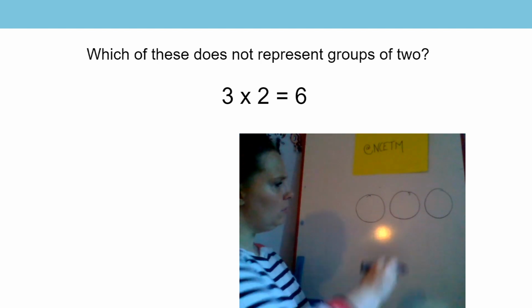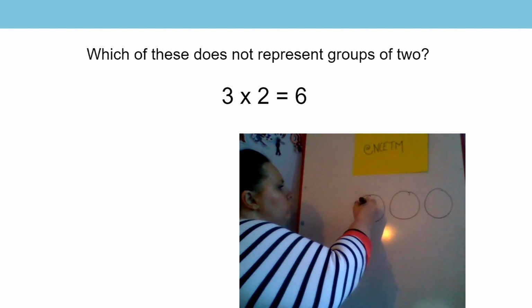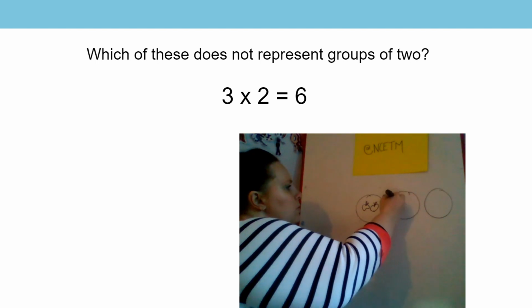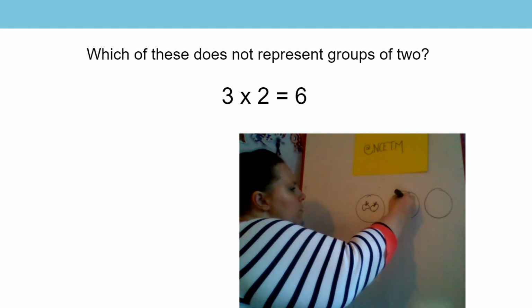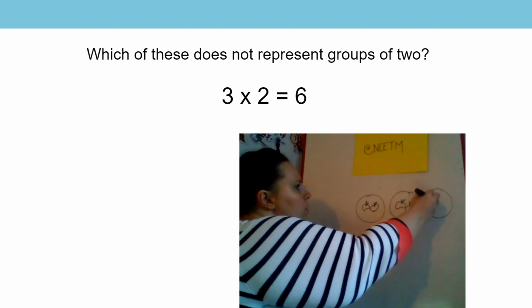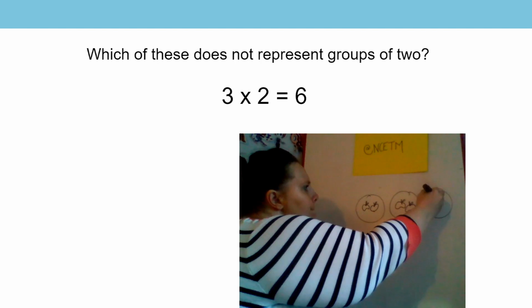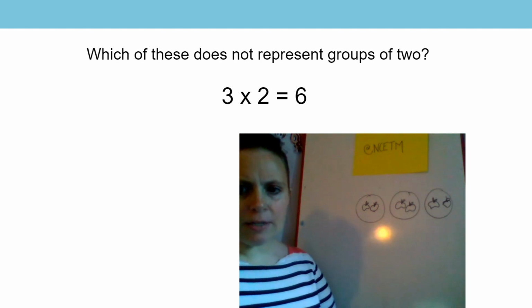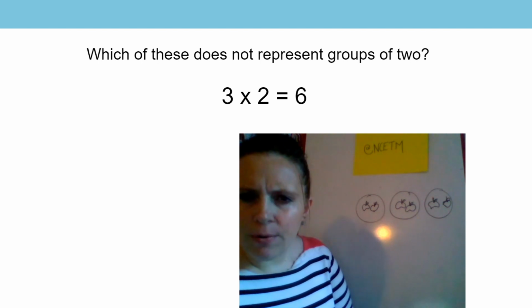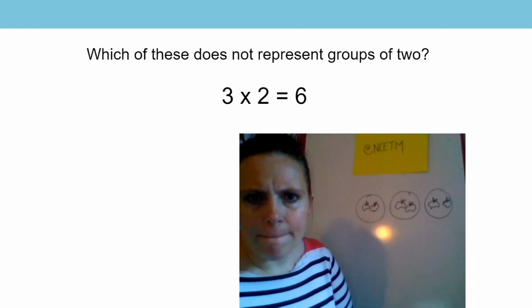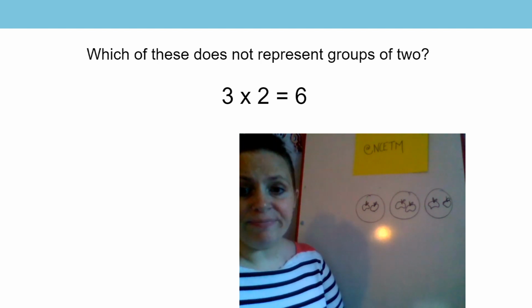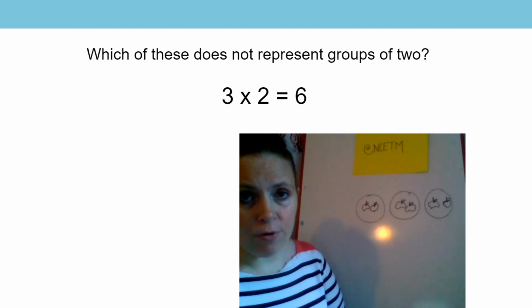And in my groups, I have 2 apples in each one because my groups are of 2. And the product is 6. So does this one match a group of 2? Yeah, it does. So it's not the one we're looking for.